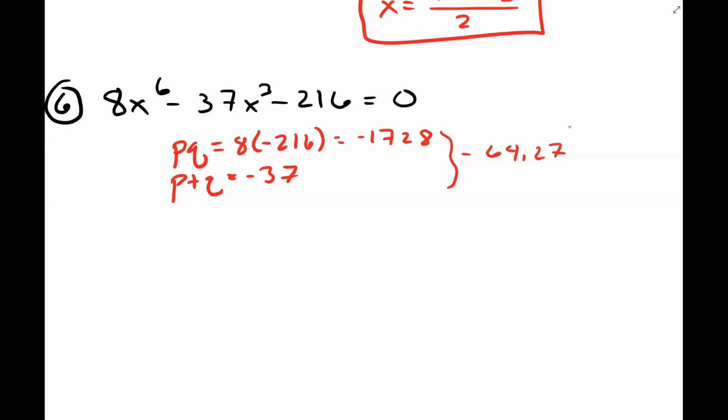So you want me to tell you how I did this, when I look at this and how I'm able to do this in my head? I just know. So I'm looking here. I see I have 8 is 2 cubed. 216 is 6 cubed.